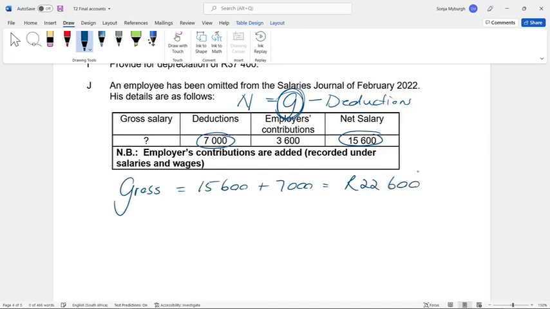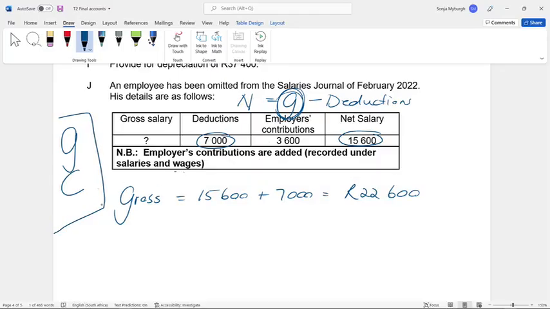22,600. And remember from our other revision that we've done, we said the gross and the contributions, those two are the expenses. In this case, they said that the employee's contributions are added under salaries and wages. So we don't have a separate account for contributions, but it is added to the salaries and wages. So there's our contribution.